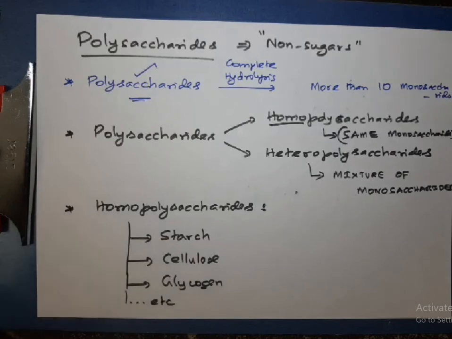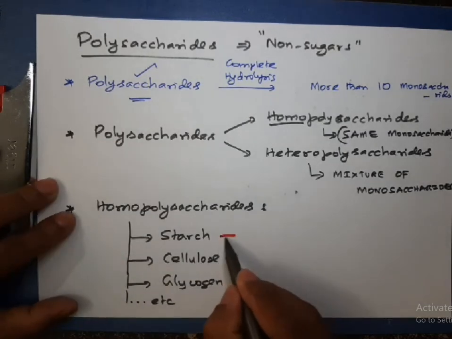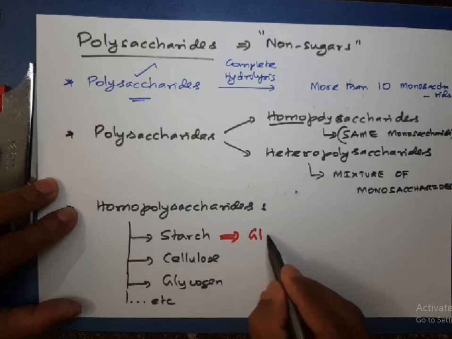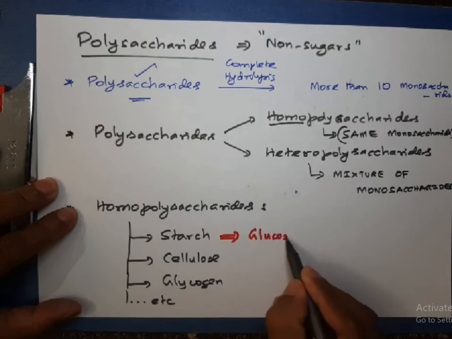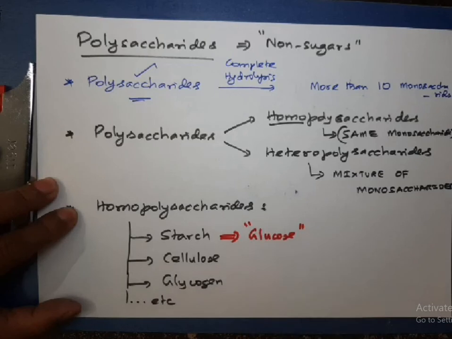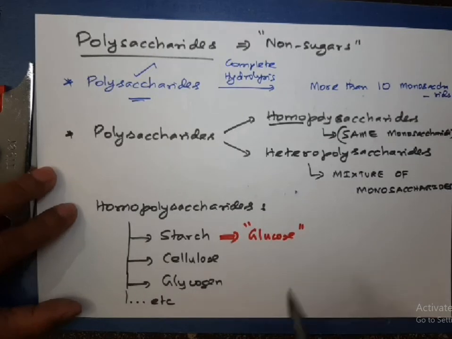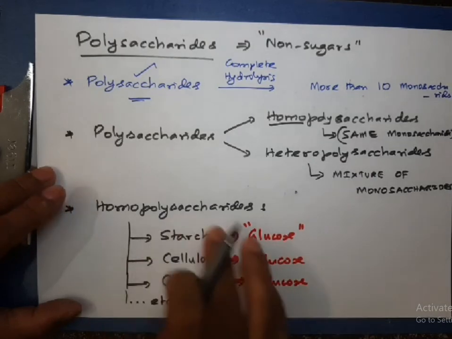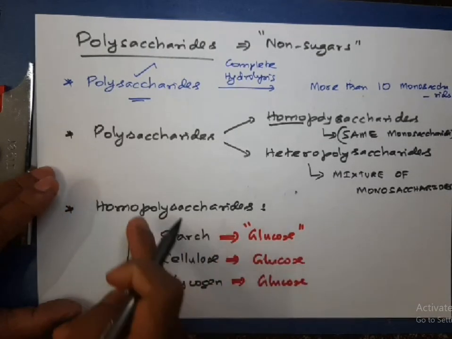What is the monomeric unit present? Starch is made up of many glucose units. Glucose is the monomeric unit present in starch, in cellulose, and in glycogen also. Here I have taken a few homopolysaccharides.